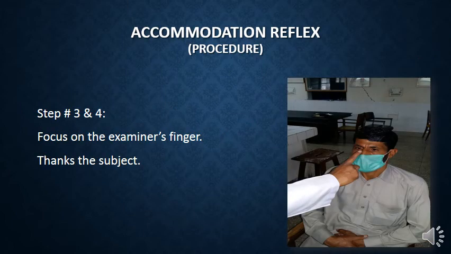The third step is that you will ask him to focus on your finger, and meanwhile you will note the convergence and pupillary constriction in subject's eyes, and finally you will thank the subject.